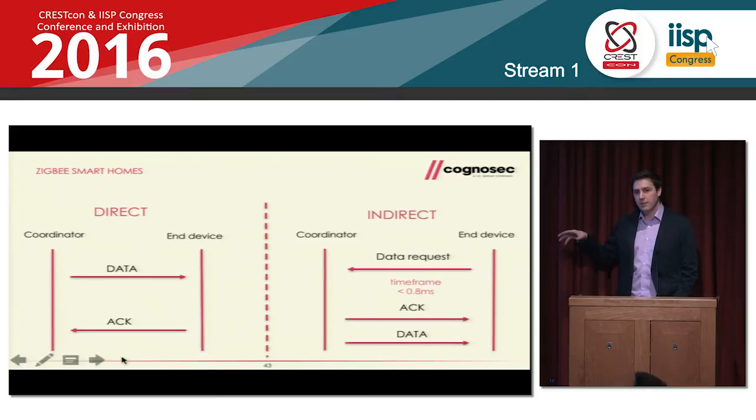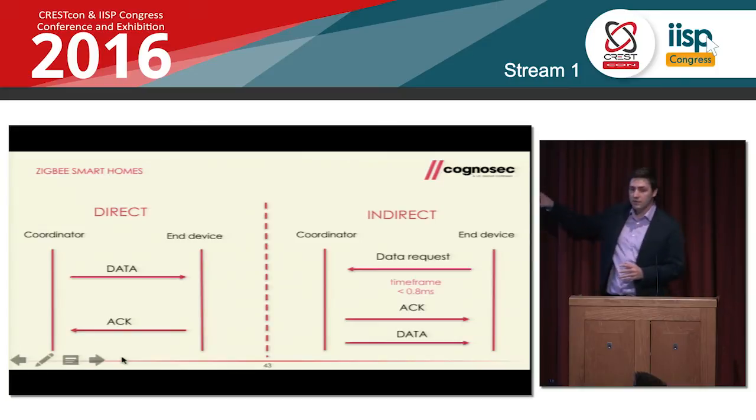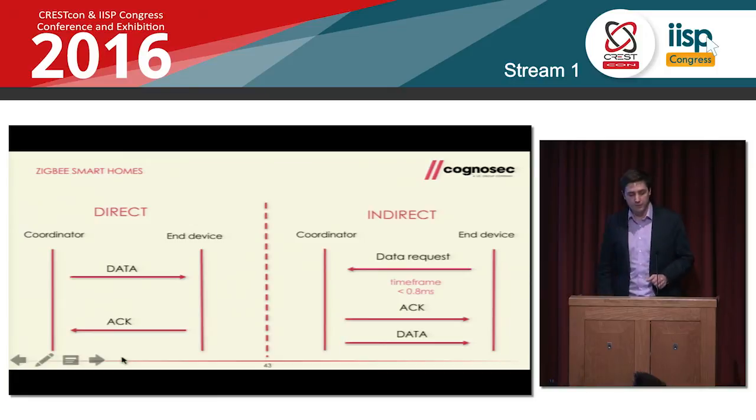Indirect communication is for battery-powered devices, so they try to save energy. The receiver is sleeping most of the time and just wakes up every 5 seconds and asks the gateway if there is a message. And direct is used for powered devices like light bulbs or the gateway itself. So the receiver is on all the time. You can just send your commands in there and everything is fine.